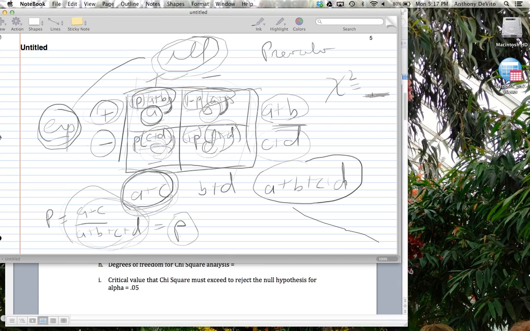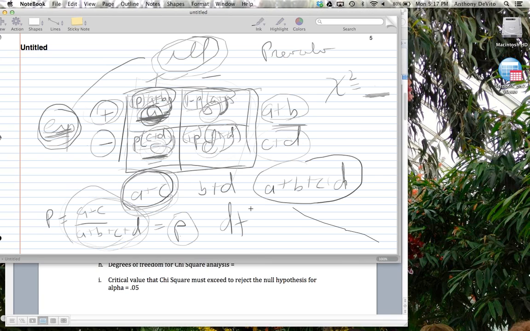In other words, if this number is relatively small, then that difference between expected and observed values is probably just due to chance. If that number is large, then that big difference is probably caused by the fact that exposure does influence whether you become ill or not. In other words, a larger proportion of people wind up here for the exposed group than wind up here for the unexposed group. Okay, so that's really what the basis of this whole chi-square thing is.